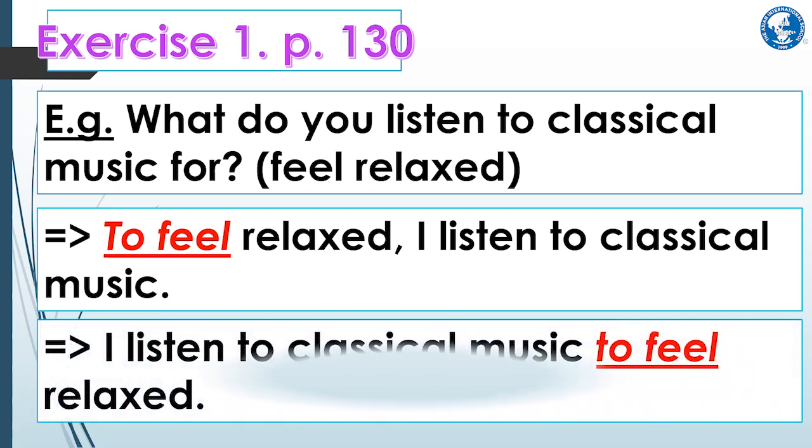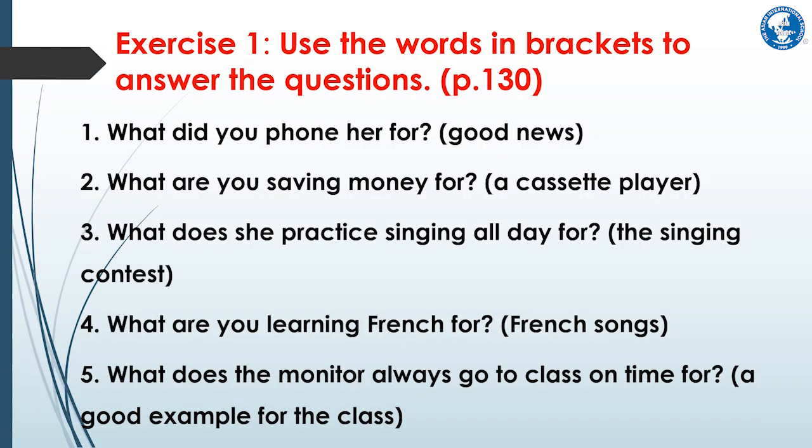Or, I listen to classical music to feel relaxed. To infinitive phrase of purpose can be at the beginning or at the end of the sentence. Both of them are acceptable. Okay, 3 minutes for you to use the infinitive phrase of purpose to answer those questions.